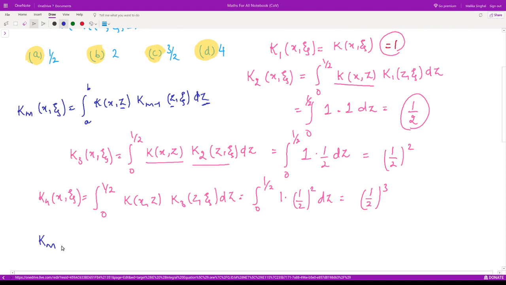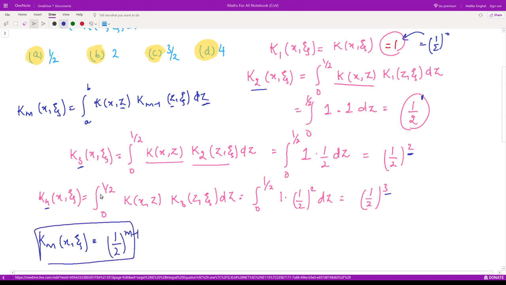K4 is equal to 1 by 2 raised to power 3, K3 is 1 by 2 raised to power 2, K2 is 1 by 2 raised to power 1, and K1 was 1 by 2 raised to power 0, so this would be 1. So I can generalize this as 1 by 2 raised to power m minus 1. So this is my mth iterated kernel.